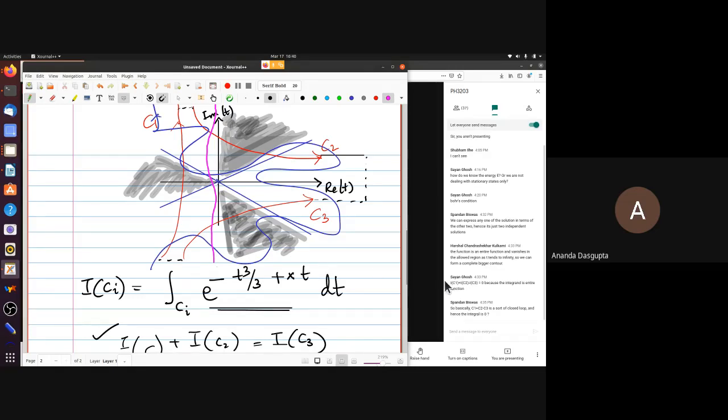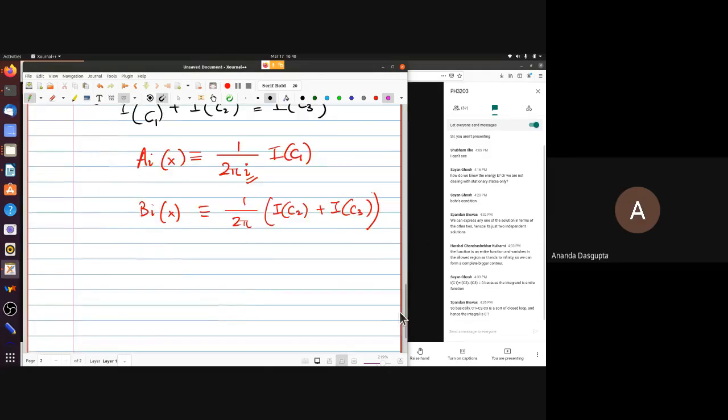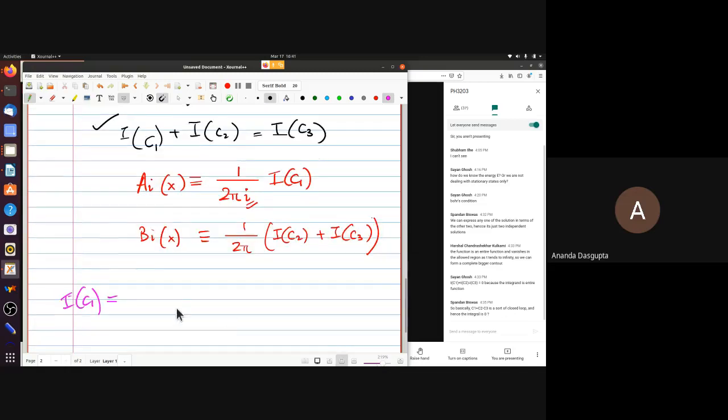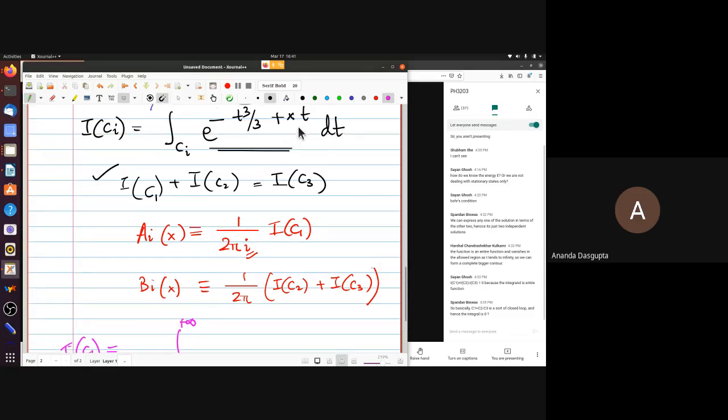So, for example, you can easily see that IC1... Now, notice that what you're really doing is this. This is the integral you need to do. It is e to the minus t cubed by 3 plus xt. But you're moving along the imaginary axis from minus i infinity to plus i infinity.